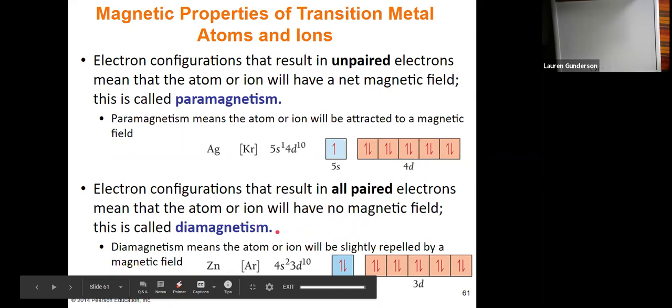So diamagnetism means that you have all electrons paired up with one another, and you have atoms or ions that will be slightly repelled by a magnetic field. And you can tell whether something is paramagnetic or diamagnetic by drawing out the orbital diagrams and looking at the actual electrons distributed throughout.